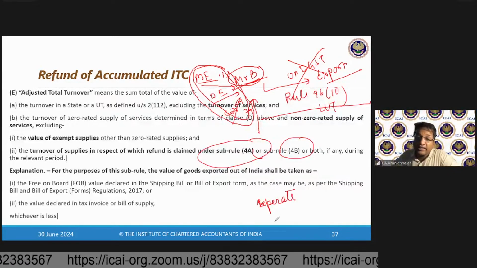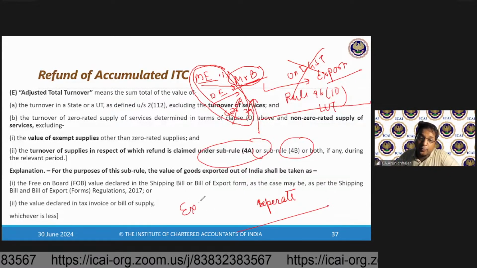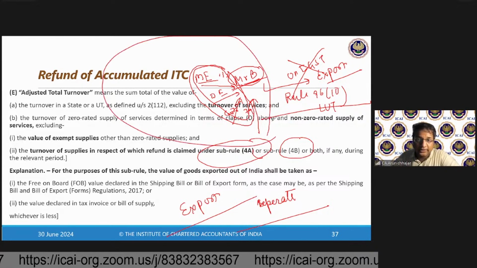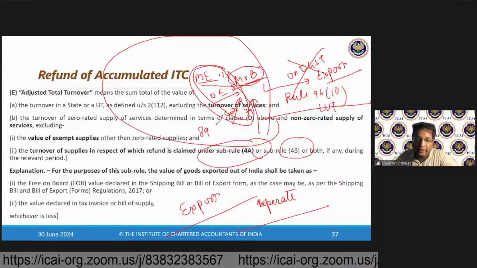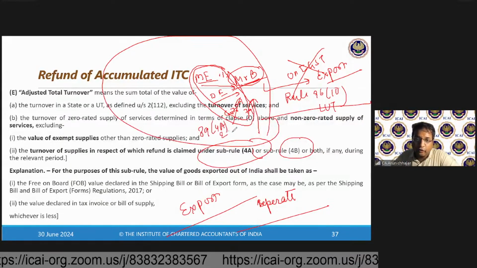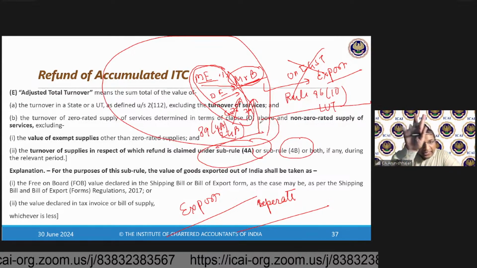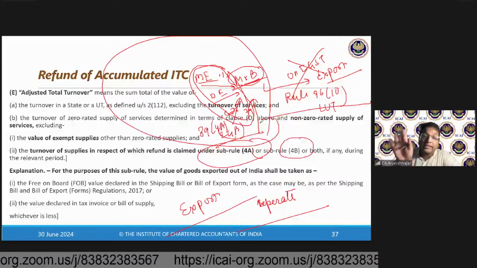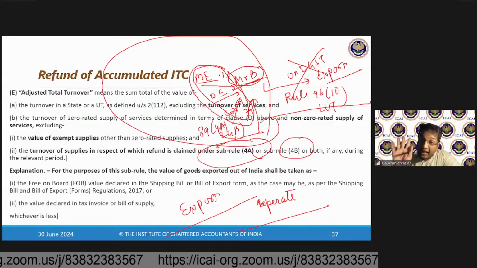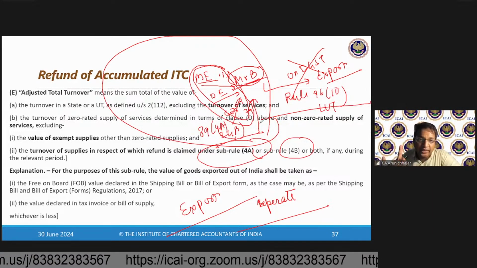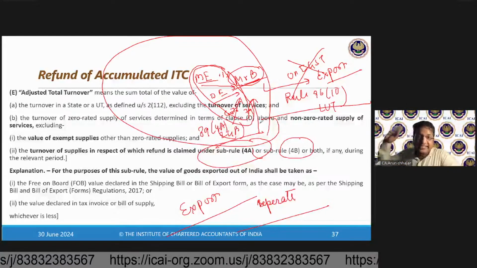It would not be clubbed under the export category. This is nothing but rule 89 4A and 4B. They are entitled to take the refund, no problem, but that refund calculation would not be clubbed in the export category. It has to be calculated separately.